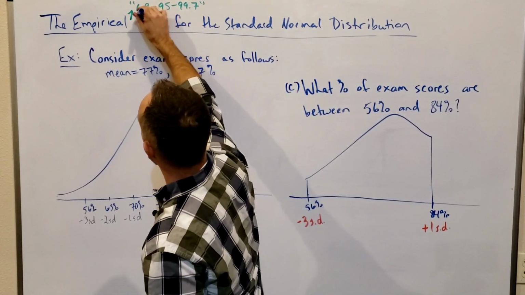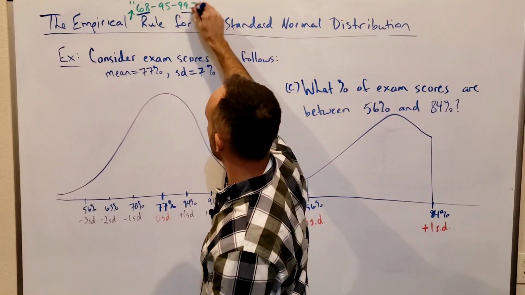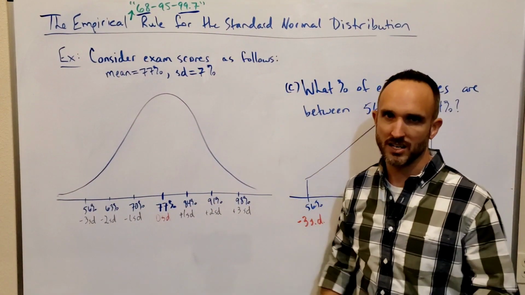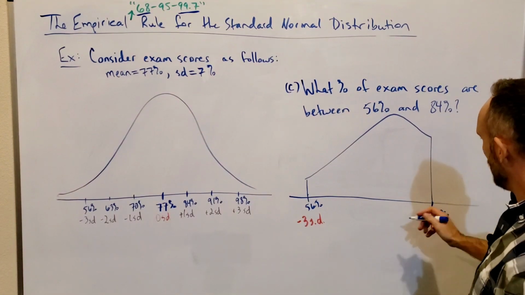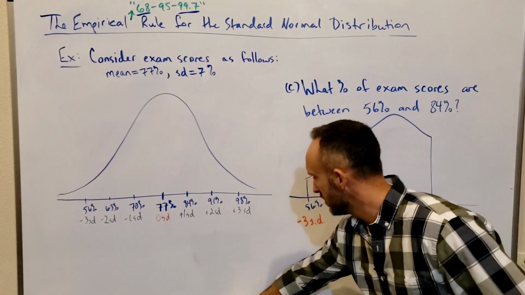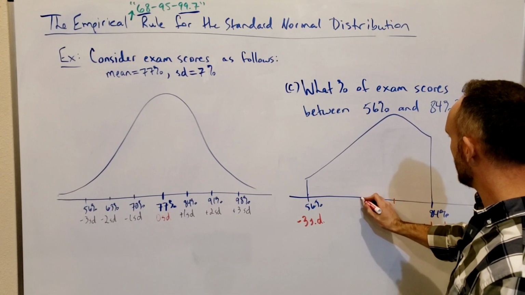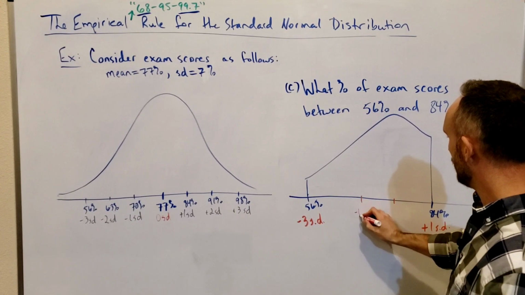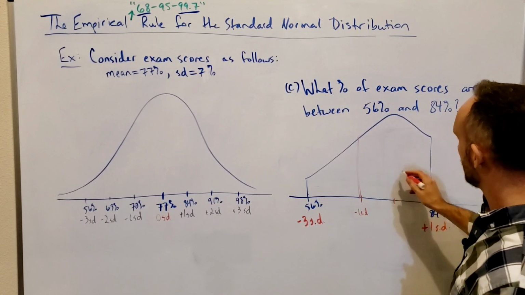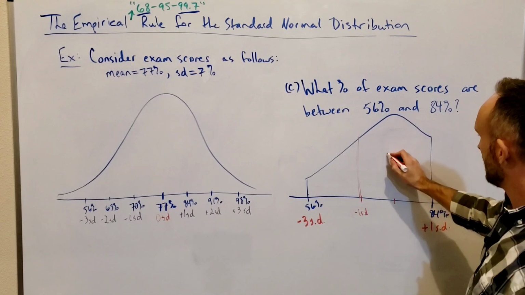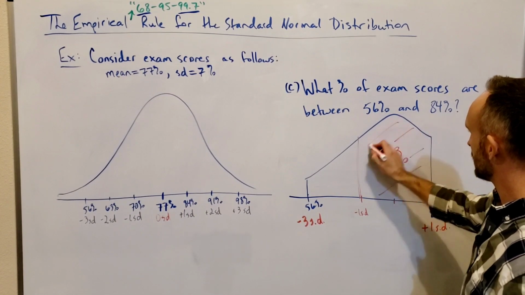The part that goes to 1 standard deviation, the 68%, along with the part that goes to 3 standard deviations, which is the 99.7%. All right, so if I were to look at the 1 standard deviation part, so here's our mean. So let's say that this is -1 standard deviation. Then I would know that this region here is 68%. This part right here is 68%.